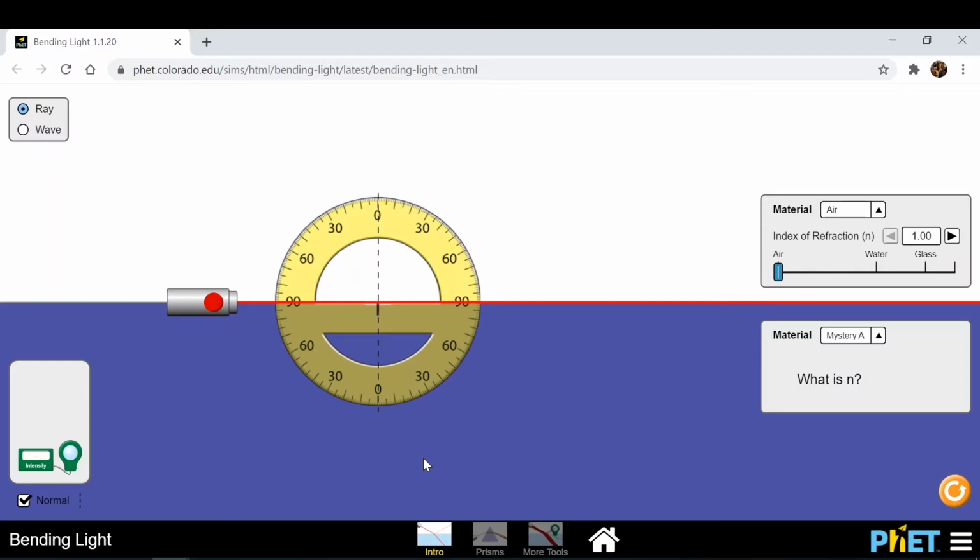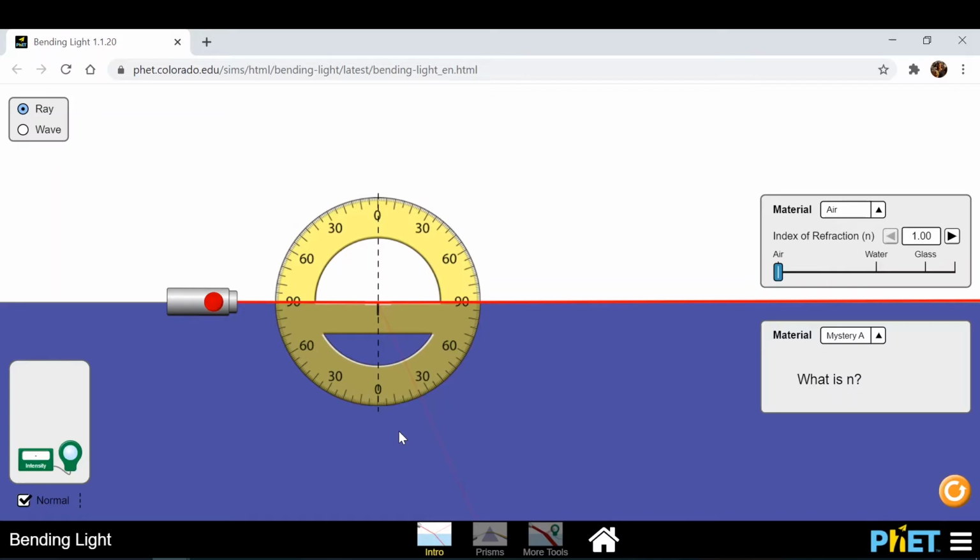So at this point, I'm perfectly level and the refracted beam has disappeared. So I want to go back up just a tiny little bit. And now I can see a refracted beam inside mystery medium A. So this angle is going to be the measurement of the critical angle.